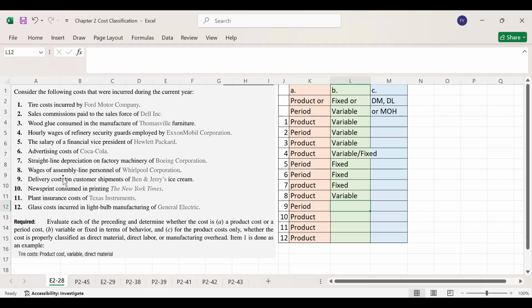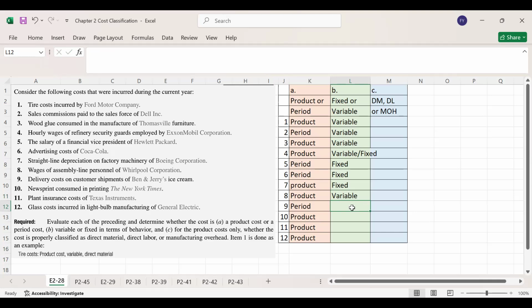Next is delivery cost on customers' shipment. Delivery cost is basically for delivering on customer shipment, and this is about ice cream.